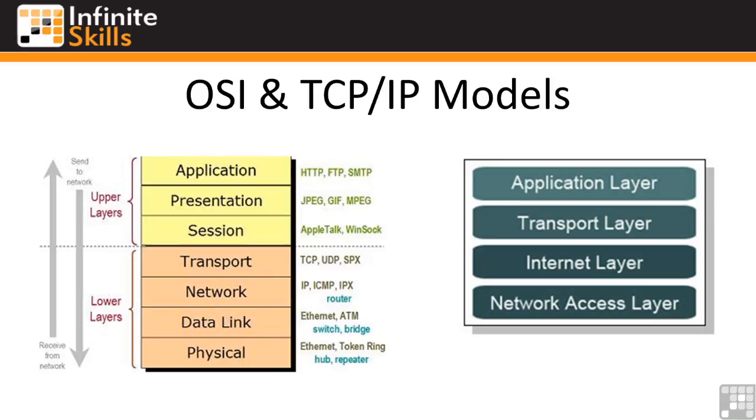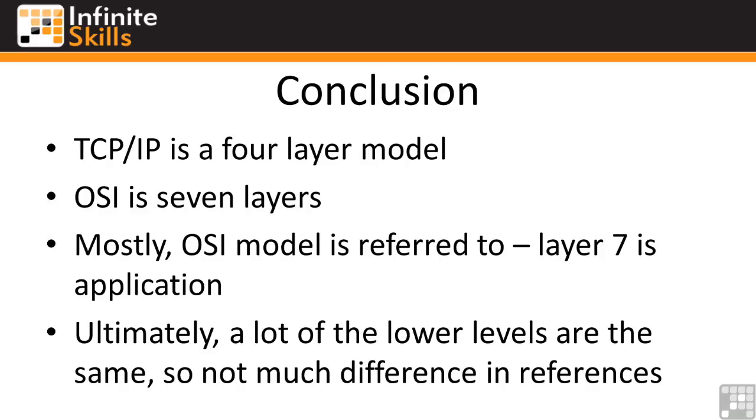Or if they're talking about a router problem and they say, well, that's a layer 3 thing, they're talking about the network layer. So really that's why we talk about the OSI model, not only in terms of understanding the different functions and how they interact with one another, but also as a shorthand for which set of functionality we're talking about. You can talk about the different layers in the OSI model.